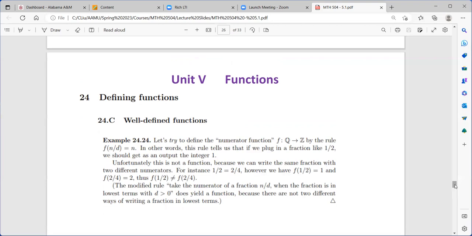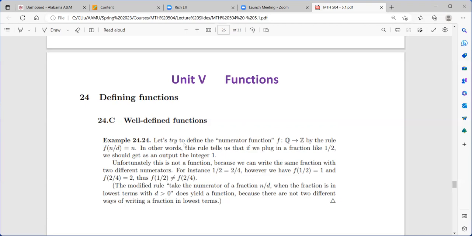All right. So let's just look at one more example. Define a function by the numerator function. Okay, so this function is from Q to Z, from rational numbers to integers, by this rule. So if you are given a rational number, which can be written as n over d, we just take the numerator as the output of this function.